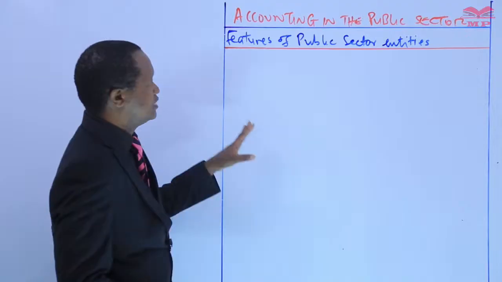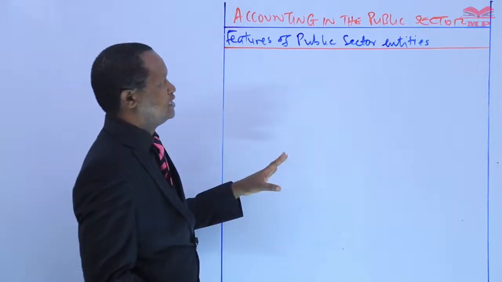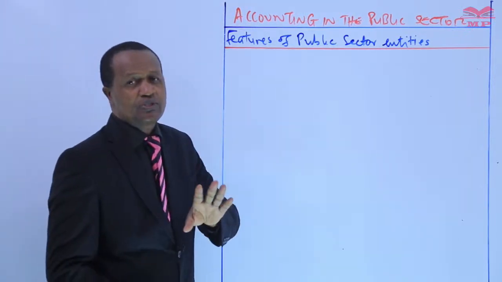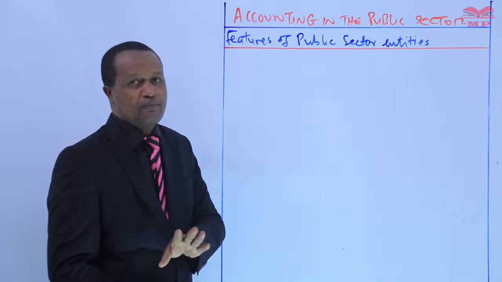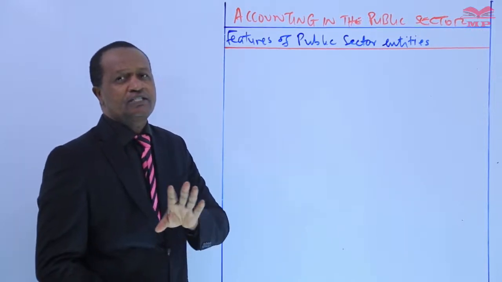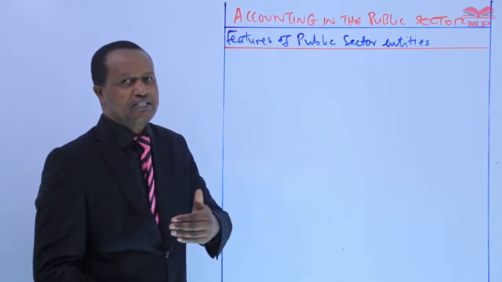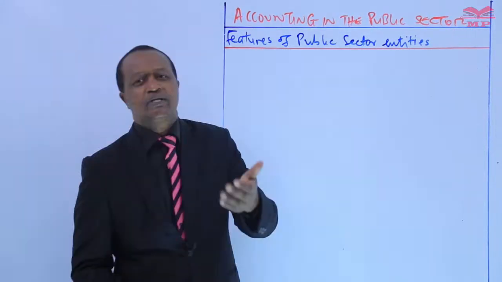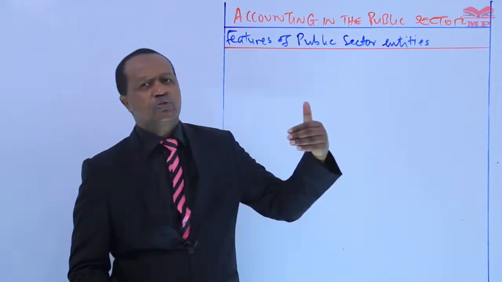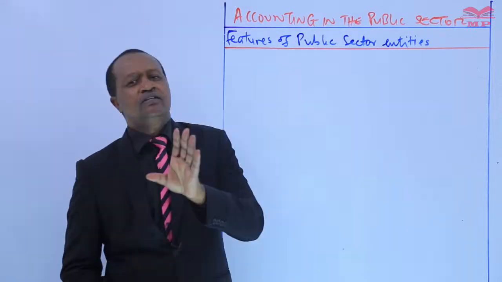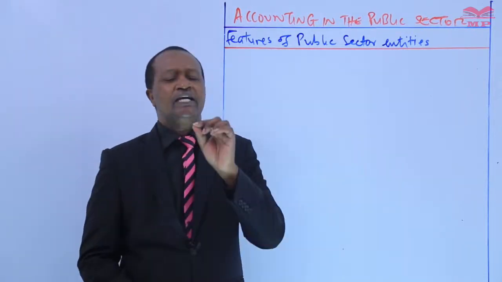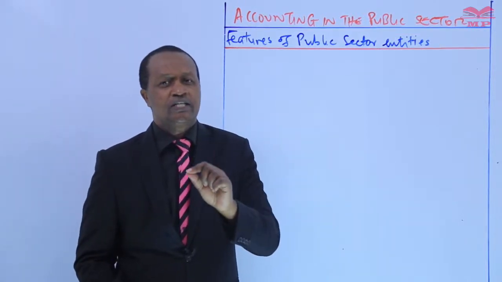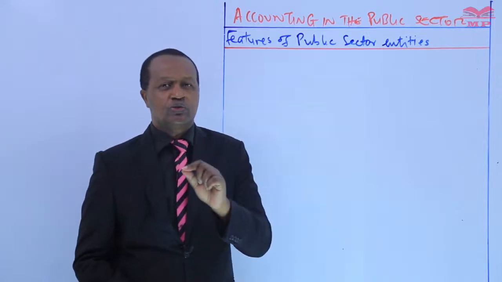Features of public sector entities. In studying the features of public sector entities, we'll be comparing these features with the private sector. Candidates, public sector entities, which are often referred to as government-owned or government-controlled entities, differ from private sector entities in several ways. One way is ownership and control.